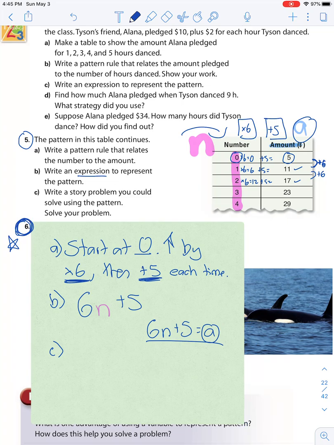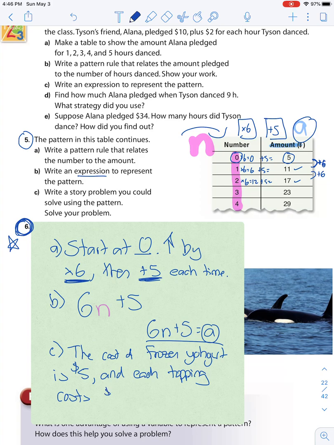Another example, let me think here, maybe, okay, I'm thinking about maybe yogurt or something, frozen yogurt. So I could say the cost of frozen yogurt is $5, and each topping costs $6.